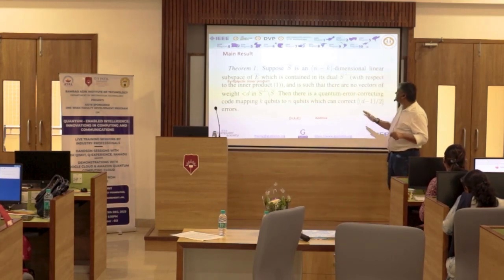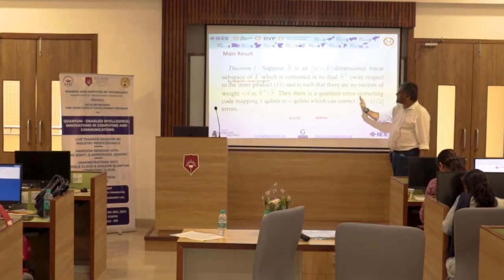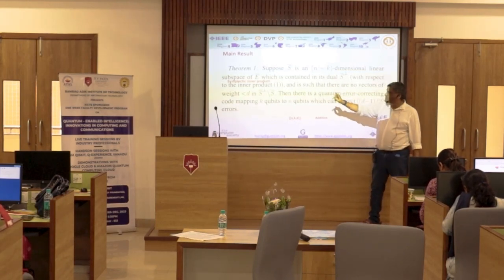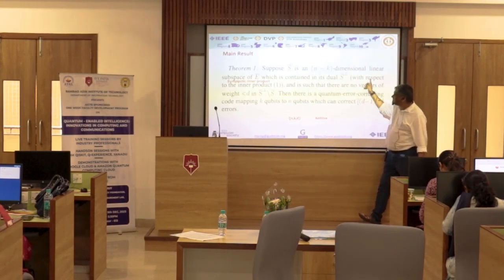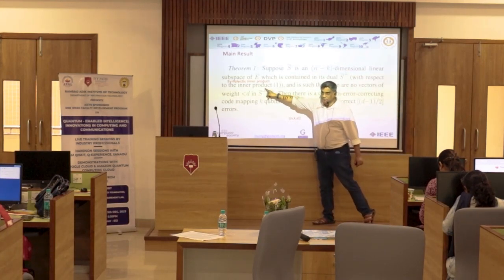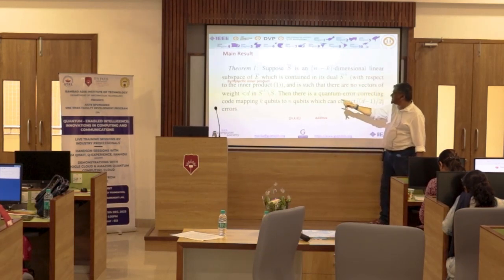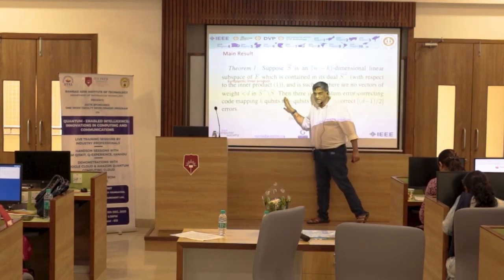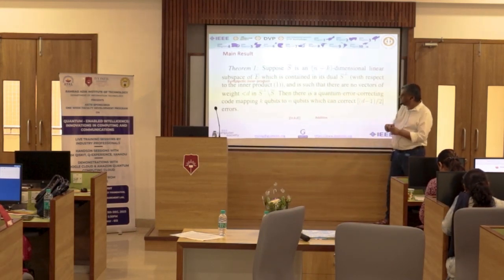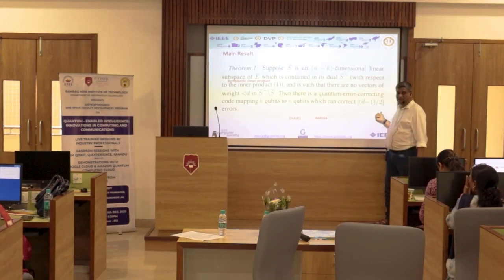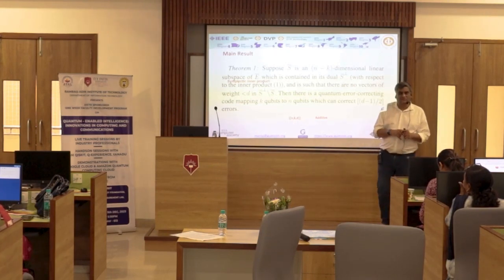Suppose S bar is an n minus k dimensional linear subspace of E bar, which is contained in its dual S bar prime with respect to the symplectic inner product, and it is such that there are no vectors of weight less than d in S orthogonal minus S. Then there is a quantum error-correcting code mapping k qubits to n qubits, which can correct d minus 1 by 2 errors. This is the main finite geometry problem which captures the quantum error-correcting property.